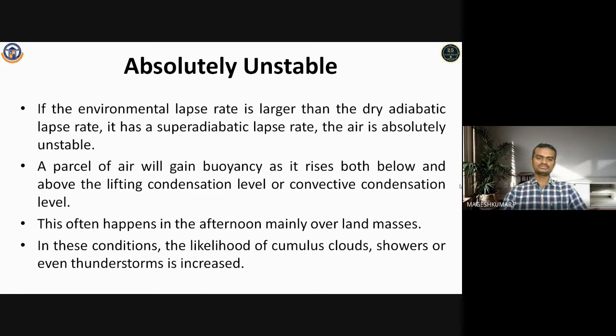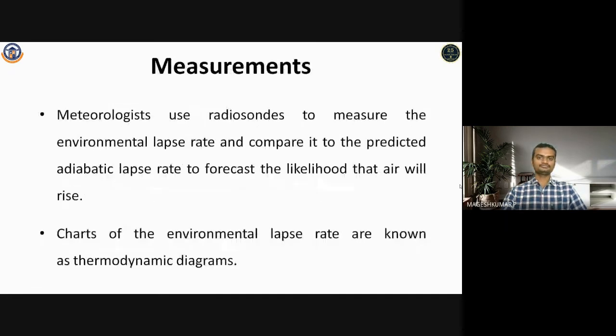This often happens in the afternoon, mainly over land masses. The land becomes more heated and heats the air parcel above the land surface, and it moves upwards very easily. In these conditions, the likelihood of cumulonimbus clouds, showers, or even thunderstorms is increased because it reaches very high altitudes.